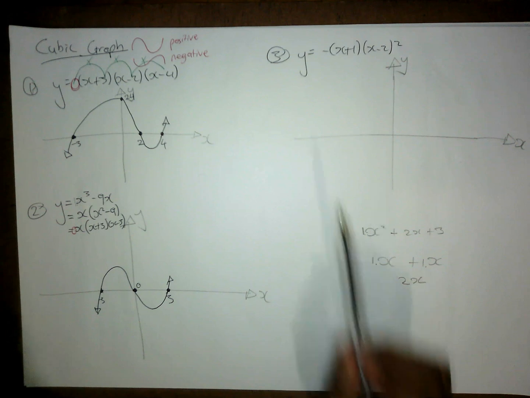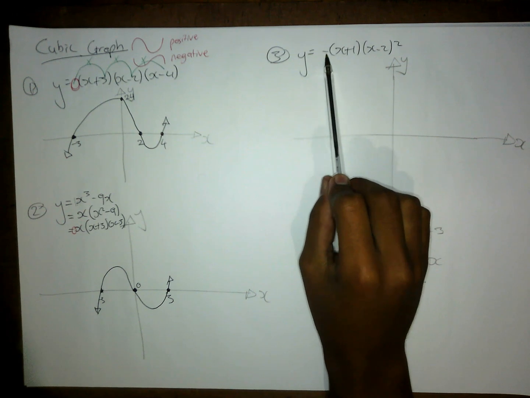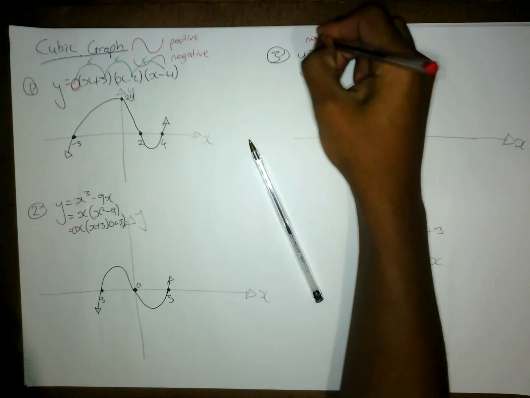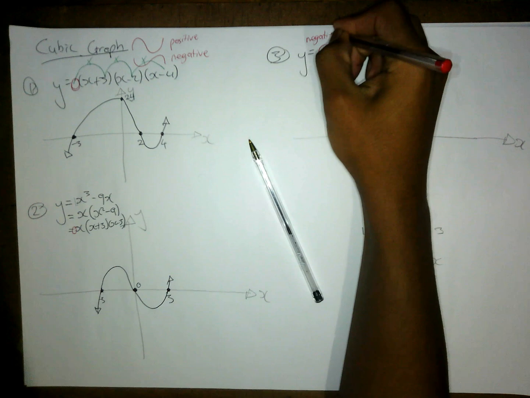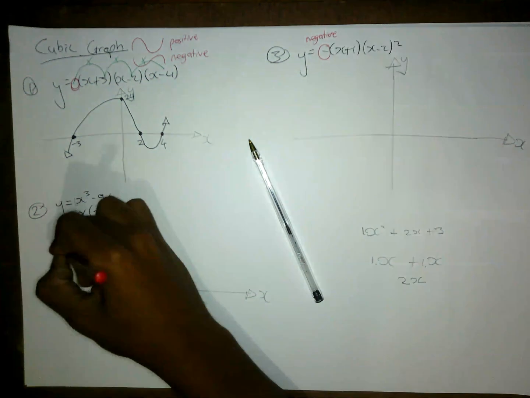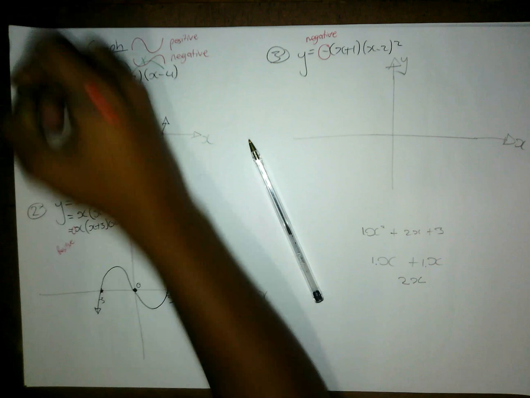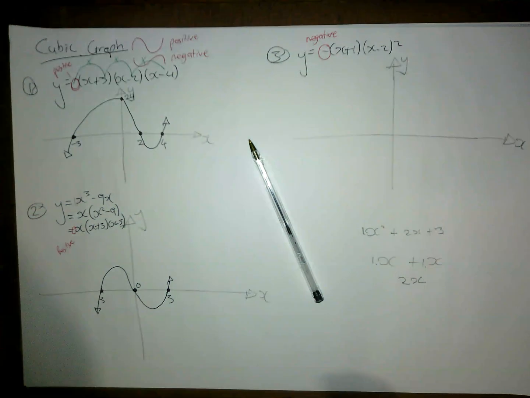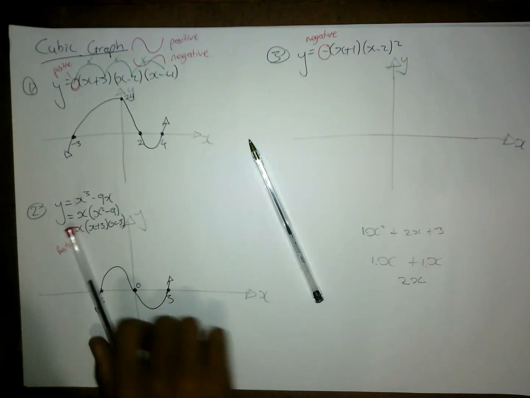So this is a negative graph, right? Because there's a negative over there, and this here is a positive, this here is a positive.